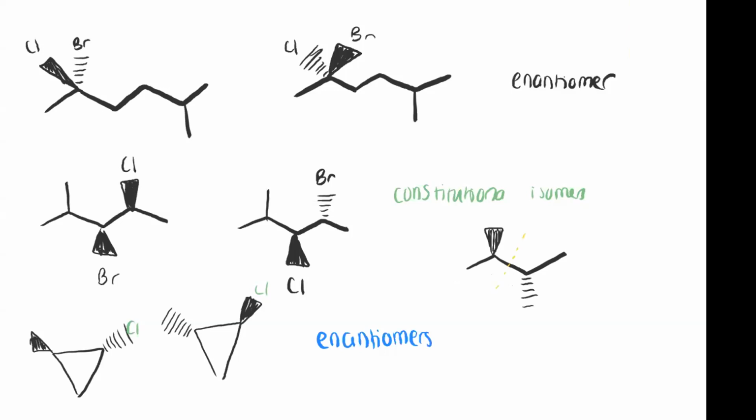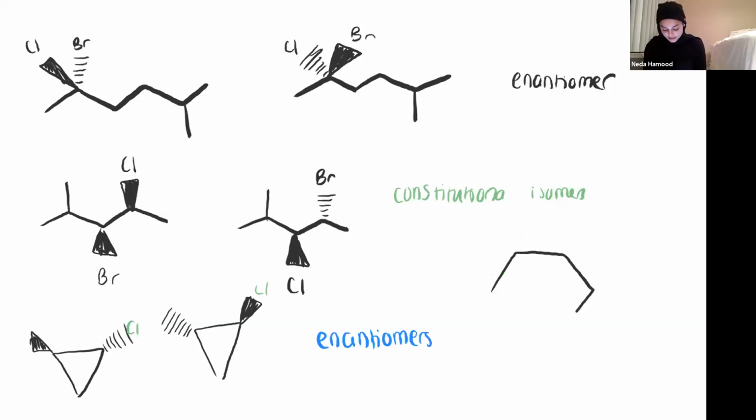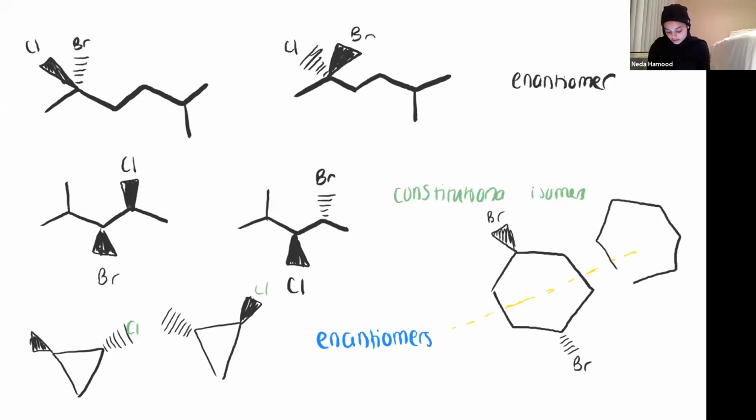Okay. Yeah, because what actually makes the, let's do a plane of symmetry here. So they're superimposable on each other. So then a different mesocompound would look like this.